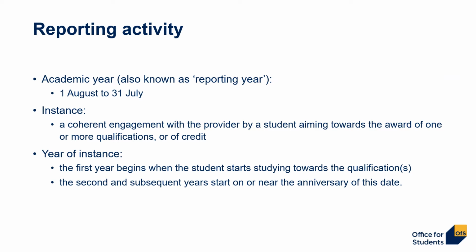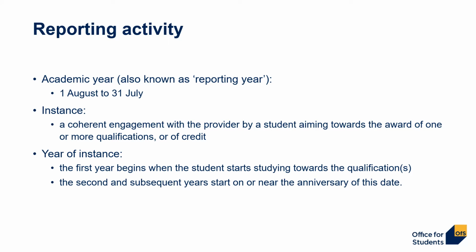Okay, so now we will have a look at each of those fields in turn, going through them in some more detail. But before we do that, it's really important to remind ourselves of some key concepts when reporting activity. So first of all, we have the academic year, but you might also hear it referred to as the reporting year, and that's the year that runs from the 1st of August to 31st of July the following year.